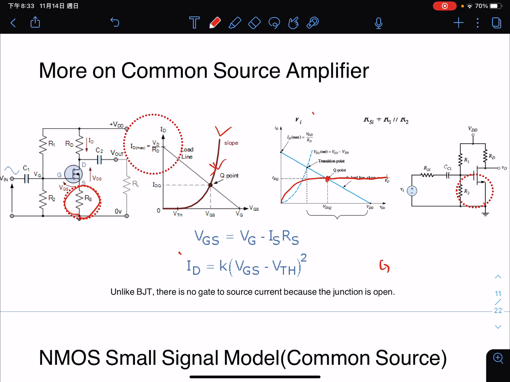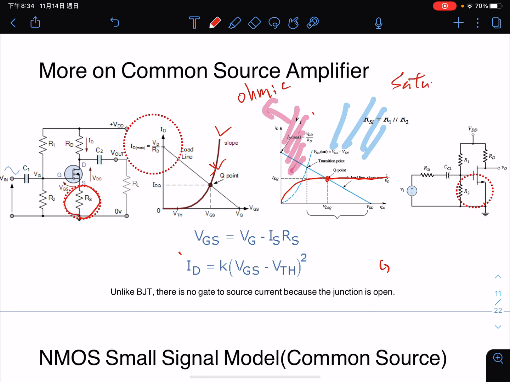And this line divides the entire plane into the ohmic region, and this part is the saturation region. Okay, they are different.